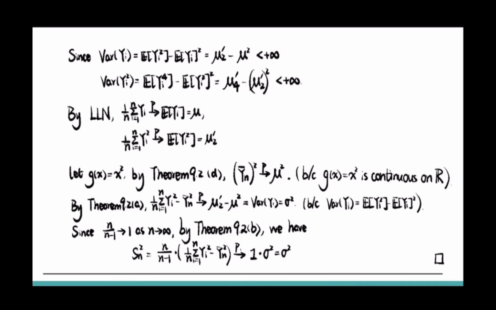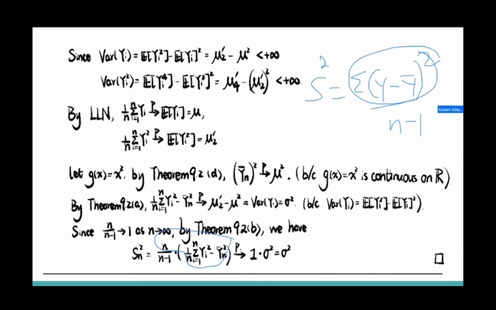If you take a look at what we have right now, that's another way. Initially we got summation of y minus y bar squared divided by n minus 1. When you take a look at this, it's actually the same thing as this one here, by the time you expand that.